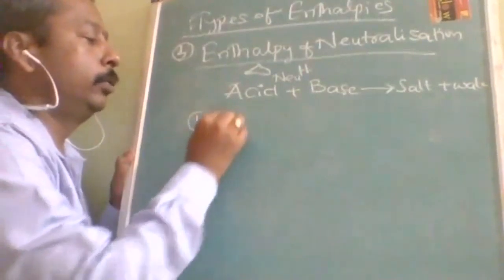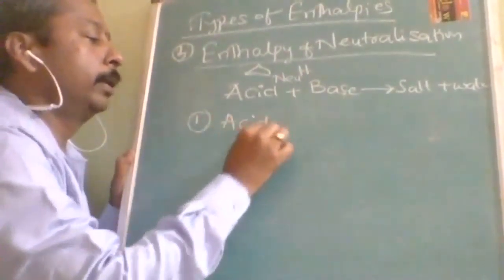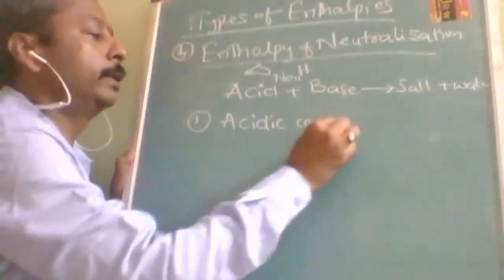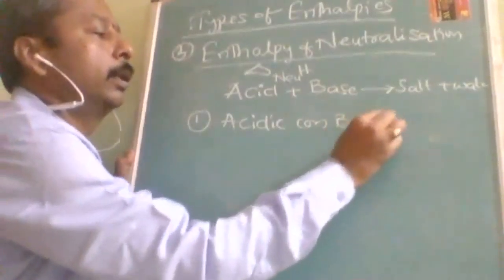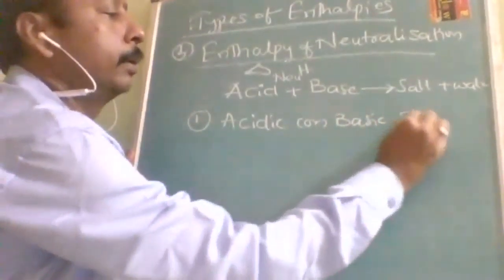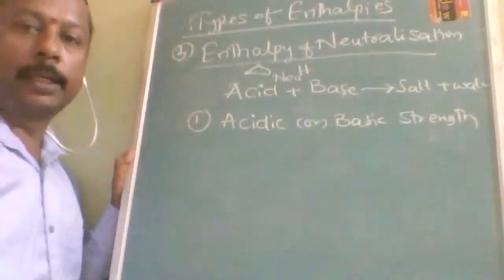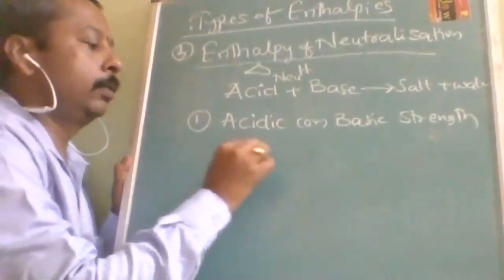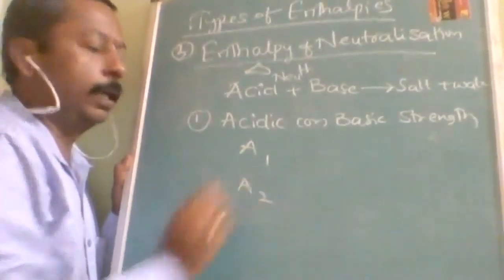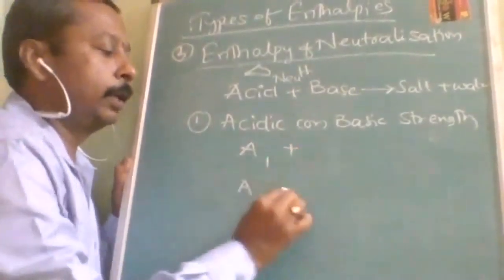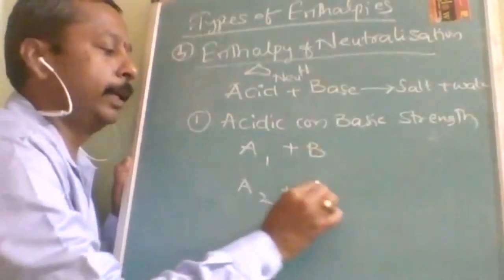First thing, it is used for comparing acidic or basic strengths. Let us take two acids are there, acid 1 and acid 2. Then I will react both of them with same base.